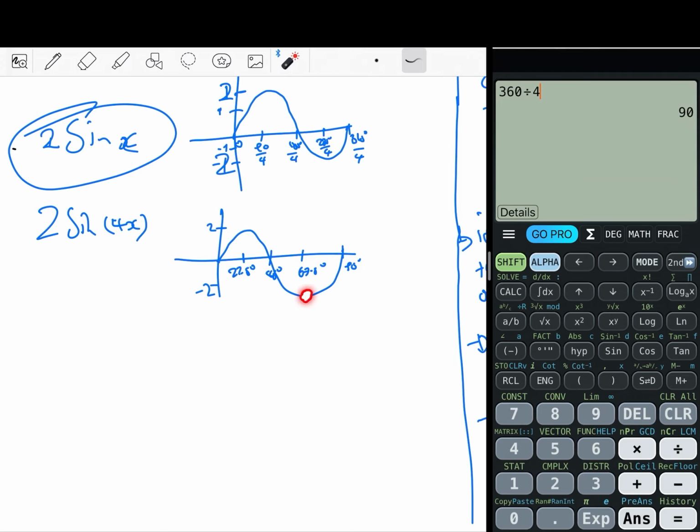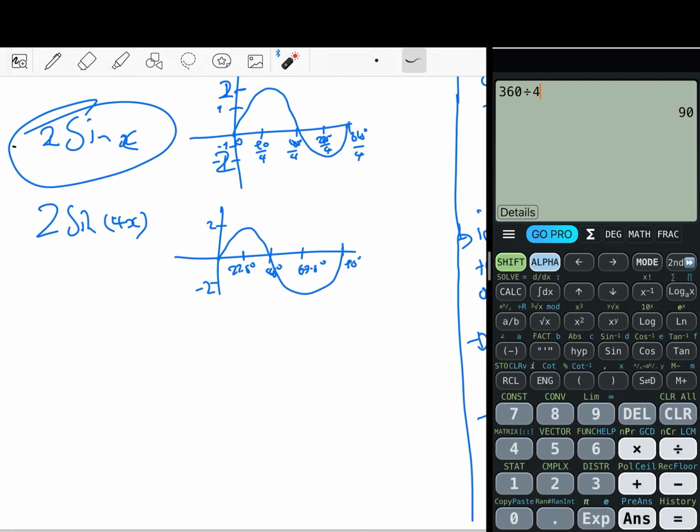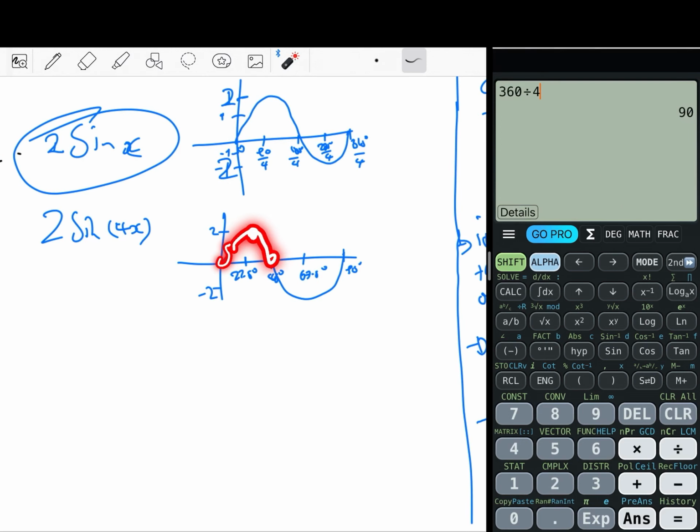This is where it is minimum. This is where it's maximum, and it goes down to the minimum, and comes back. It goes from 0 all the way to the maximum, goes down to the minimum, and comes back to 0. So that's basically what it does: 0, maximum, 0, minimum, 0. Then you're just going to go back to maximum again. So that's basically how it is.